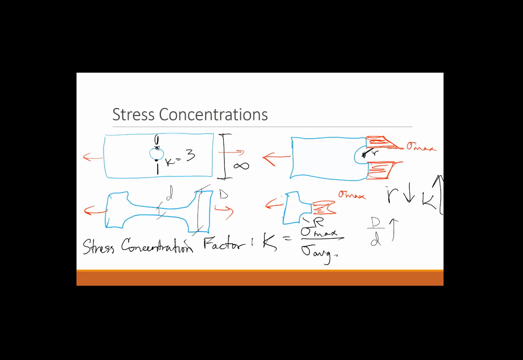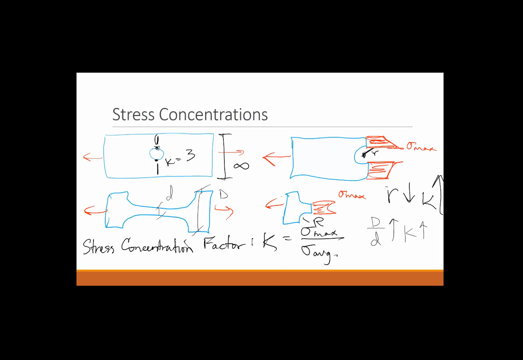And as that goes up, that means that you're cutting in more to this member, so you're making the small section much smaller relative to the outside section. So as that goes up, your stress concentration factor also goes up. Yes, K goes up.